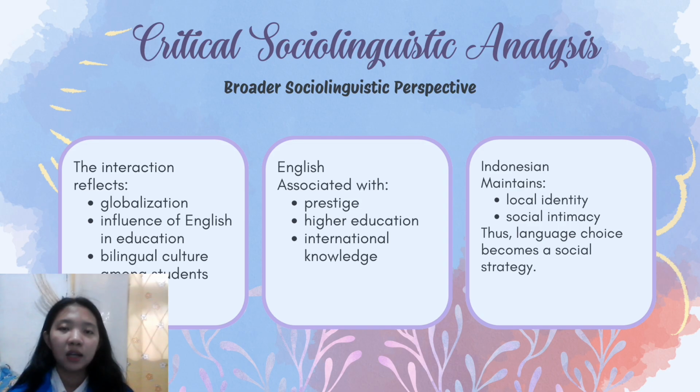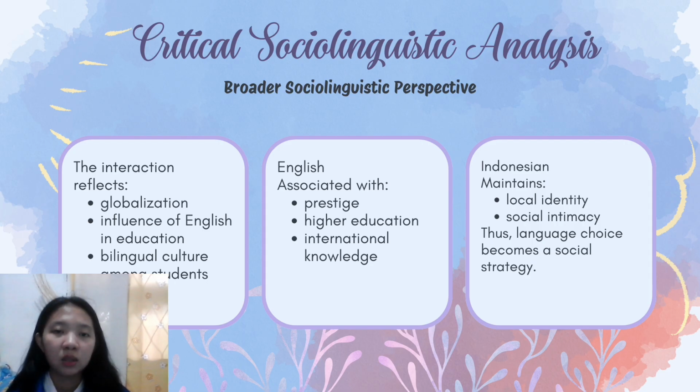Critical sociolinguistic analysis. Here is a broader sociolinguistic perspective. The interaction reflects globalization, the influence of English in education, and bilingual culture among students. English is associated with prestige, higher education, and international knowledge. Indonesian maintains local identity and social intimacy.